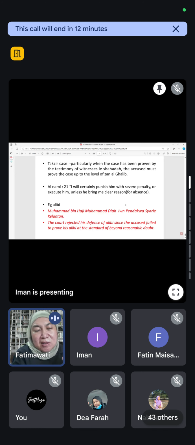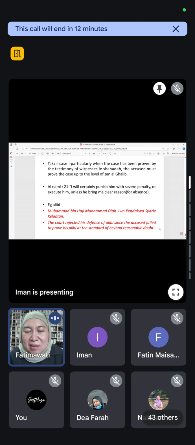Okay, anyway, so kita ada case of alibi. Okay. Remember case Muhammad bin Haji Muhammad Diyah? Ingat tak case ni? Remember the case? Ingat tak? Case yang pasal apa tu yang he was charged for, dia ni juru nikah. He was charged for performing akad nikah to several couples without having the license from the authority.